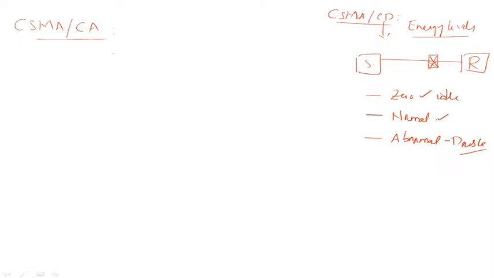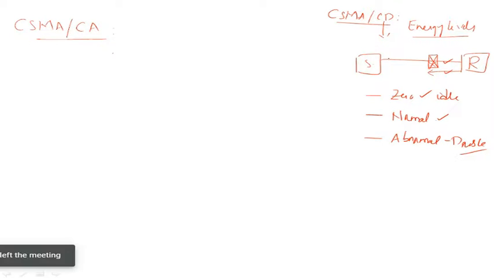Why? Because a frame is already in transit from the source station, and another frame is also coming from the receiver station, so when both frames collide, the receiver has to get two signals.